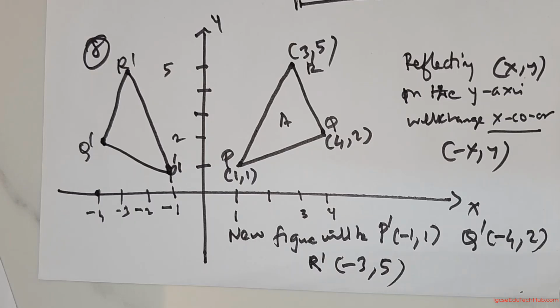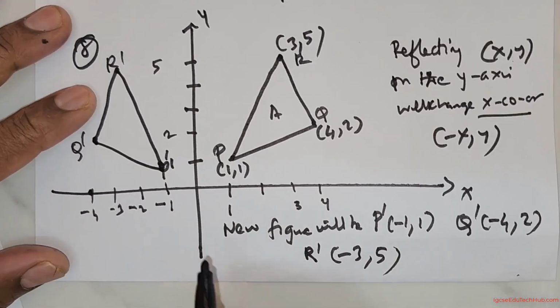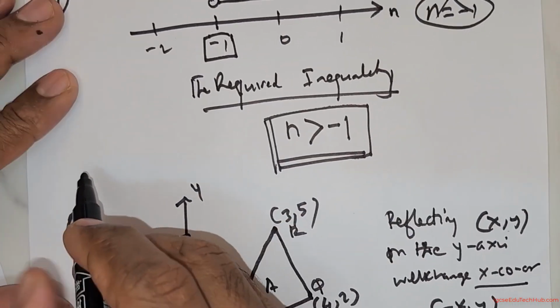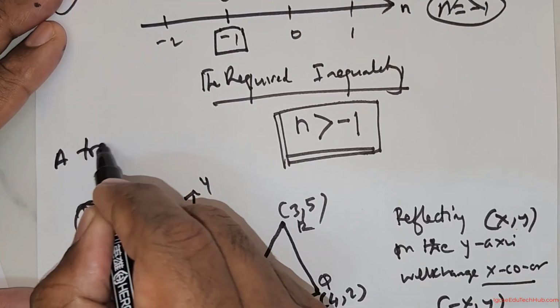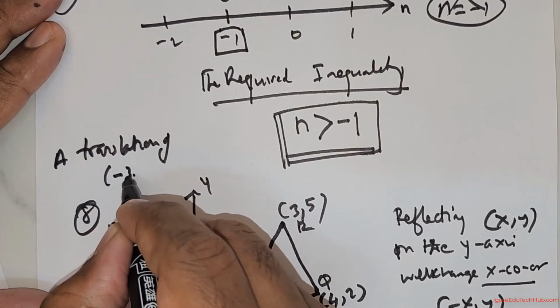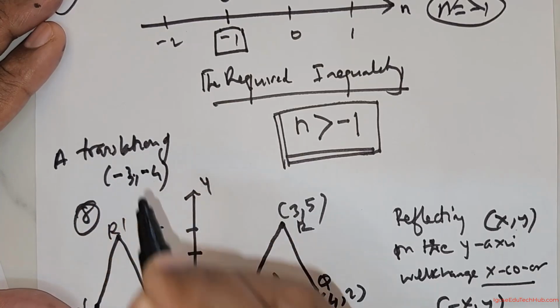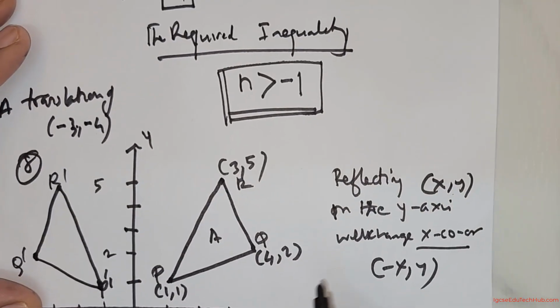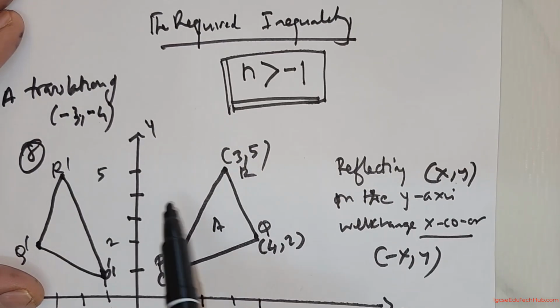Now you have the next part. What does it say? A triangle, the same triangle after translation by vector negative 3, negative 4. So this triangle, let me use translation is taking place. A translation of negative 3, negative 4. Now what you have to do is, to every coordinate, now this is P, right?